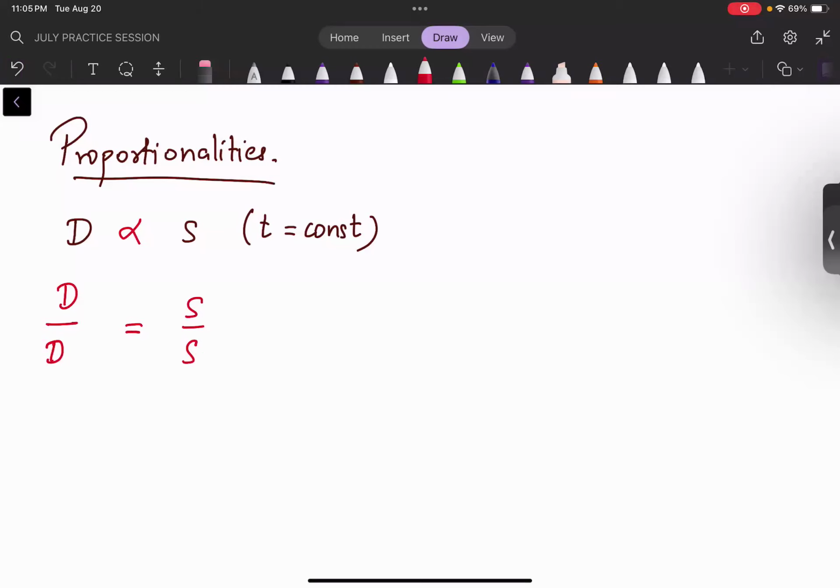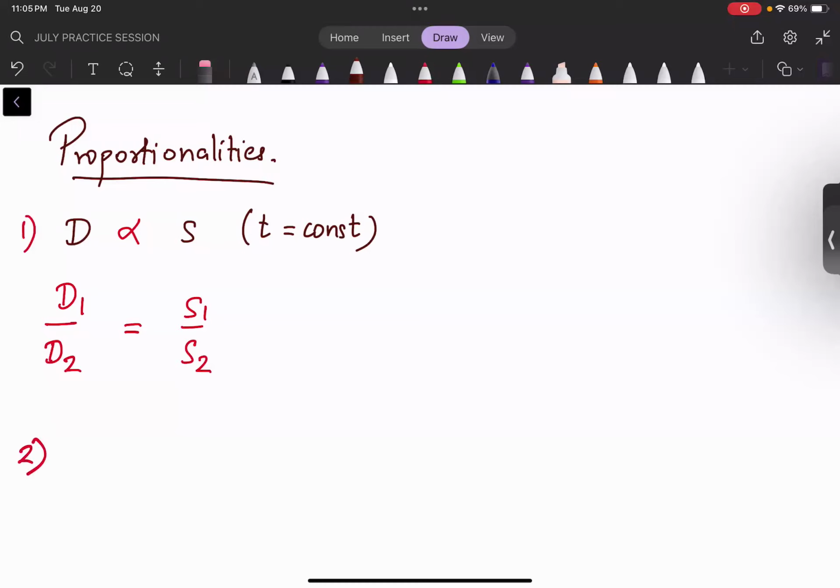Okay, d by d, s by s, and write the same number on the same side: number 1 on the numerator side, number 2 on the denominator side. This is how you write for the proportionality case. Okay. Now, this is the first one.